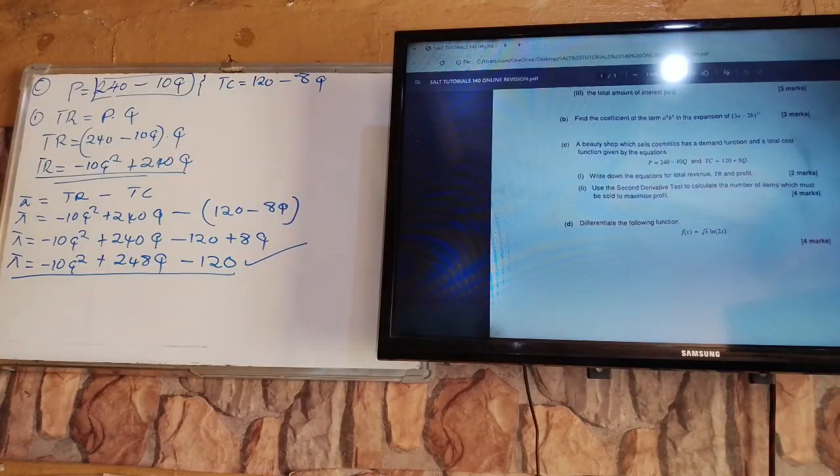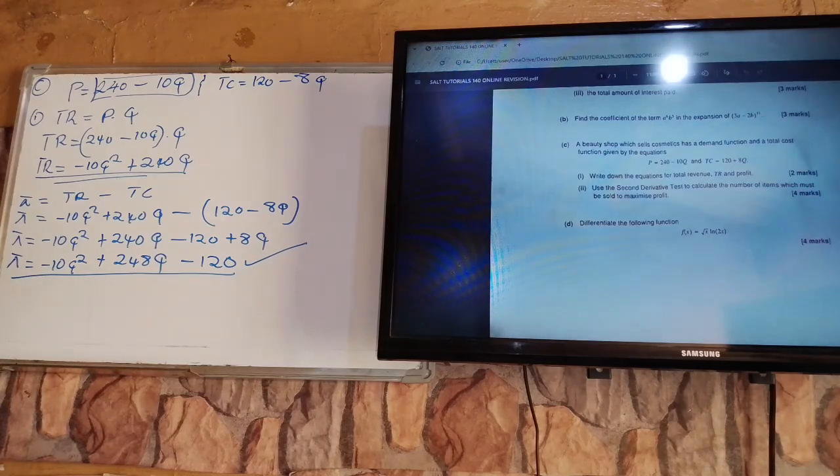After solving the first question, we're being told to use the second derivative to calculate the number of items which must be sold to maximize profits. This is where the application of derivatives comes in. Remember, the maximum or minimum point is found by using the second derivative.